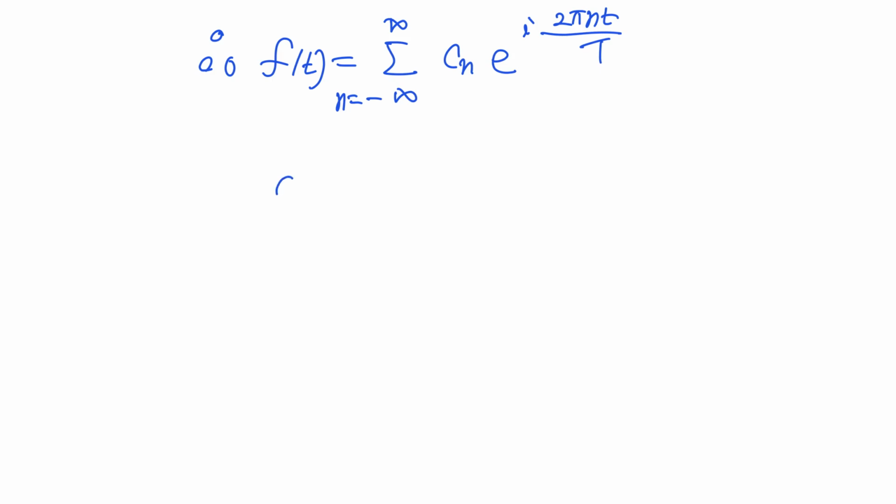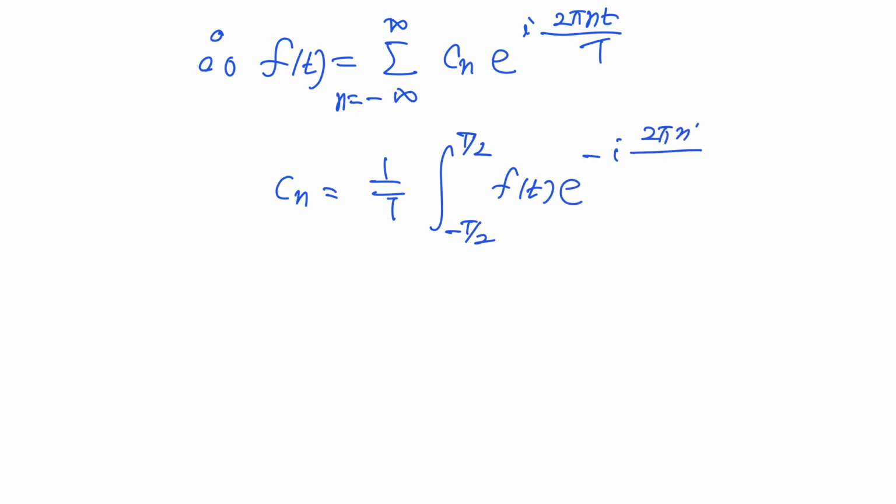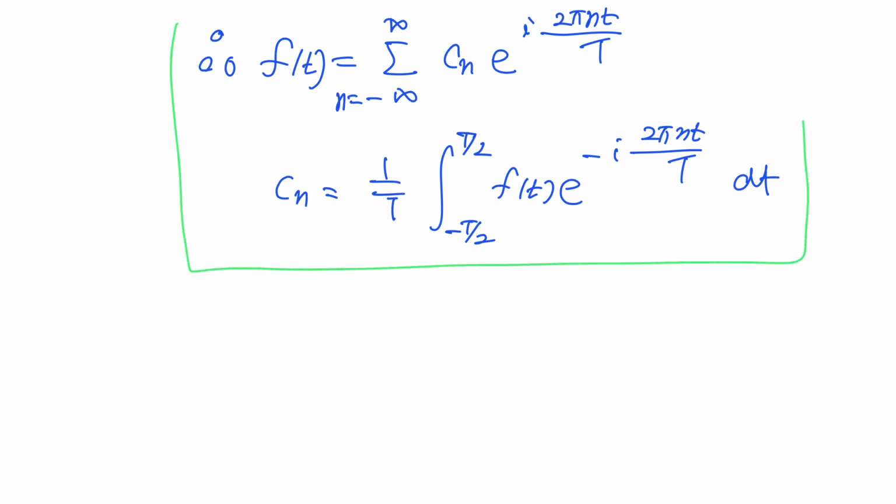And Cn is given by 1 over T integral from minus T over 2 to T over 2 of f(t) exponential minus i 2 pi n t over T dt. Let me just double check in case I missed anything. So this is what is called the complex Fourier series.